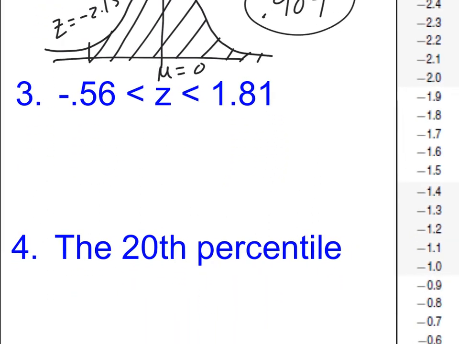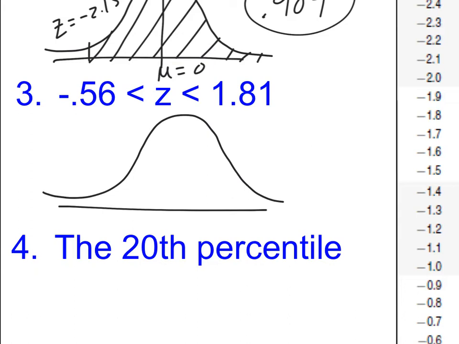Option number 3 here, or problem number 3. Mean of 0. Sigma is 1. Now this just has a starting point and an ending point.